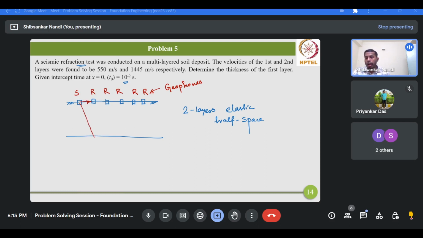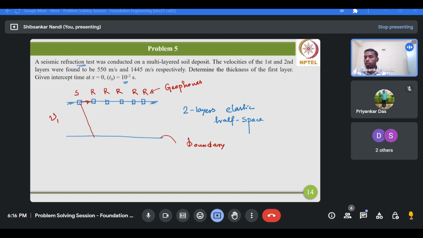As soon as it encounters a boundary, this is the interface between two layers, obviously the density of the two layers will be different, and since the density is different, the velocity will be different.